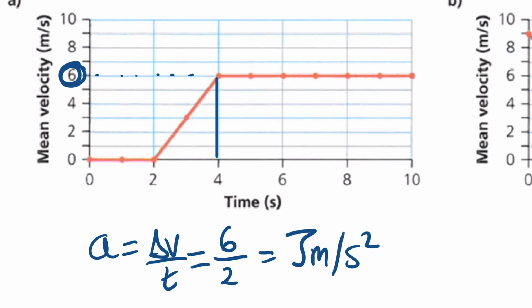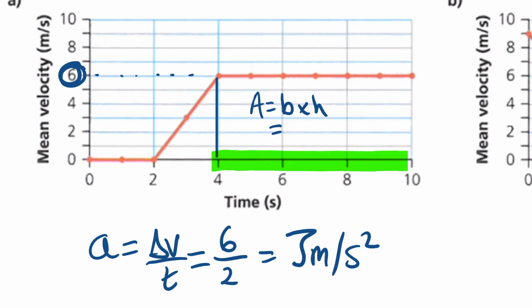So to work out the area of the rectangle, the area of a rectangle is base times height. If we look at the base, let's just highlight, that's going from 4 to 10. And so that's going to be 6 for the base.